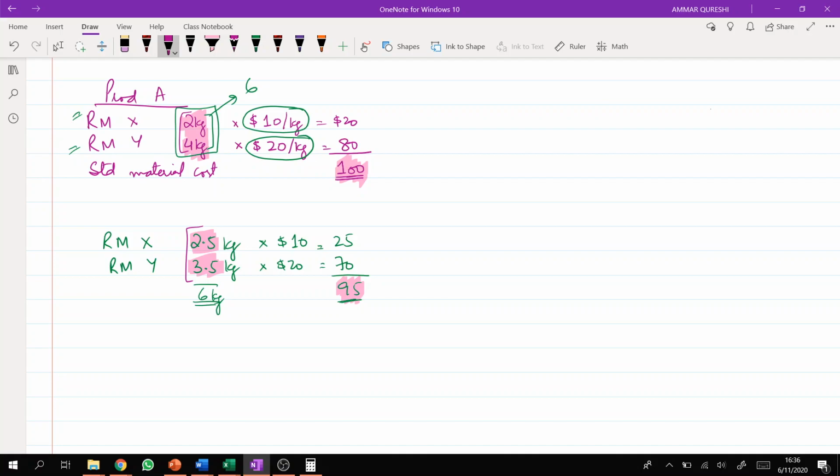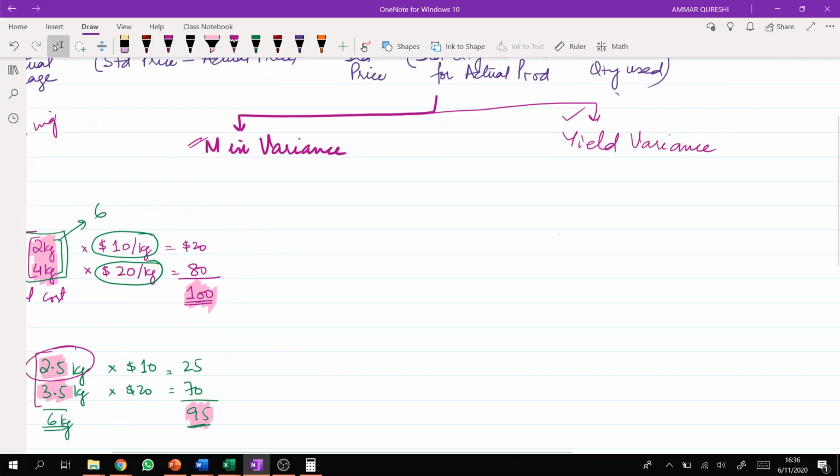you have to use more raw material. For example, this is a cheaper raw material, and you input it in a higher proportion. So usually the result is that you have to use extra raw material. The consumption of raw material usually increases, and that's basically the concept of yield variance.